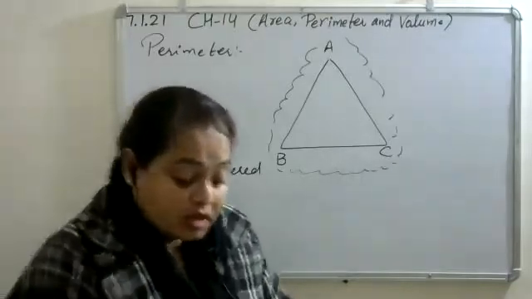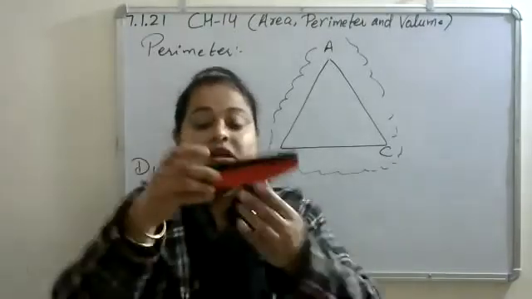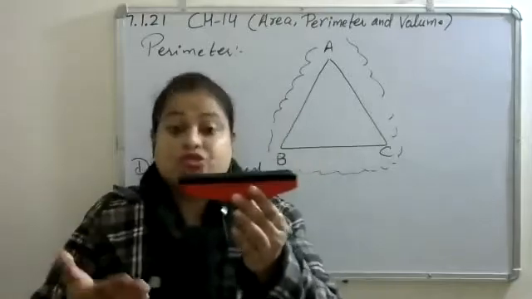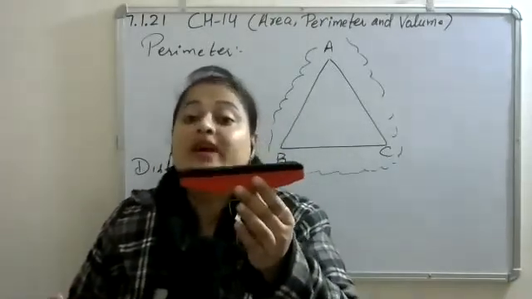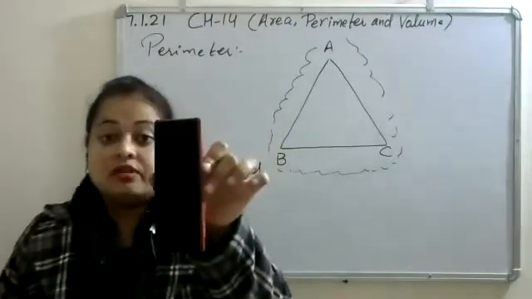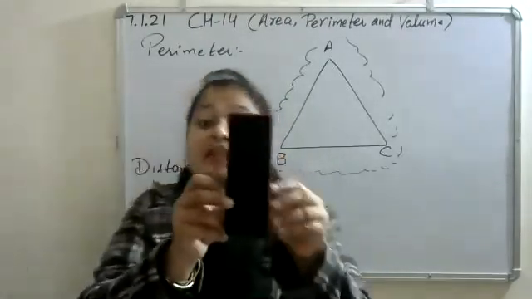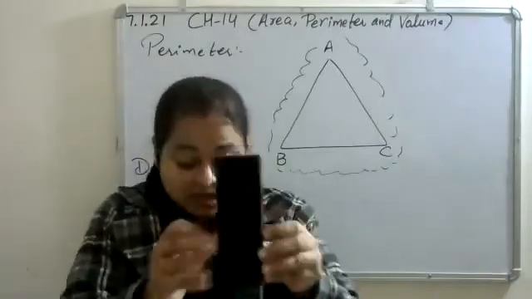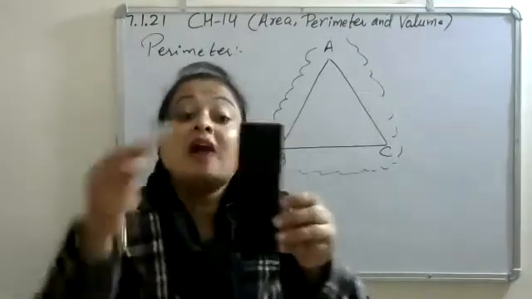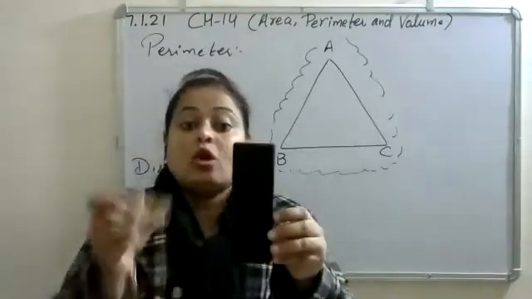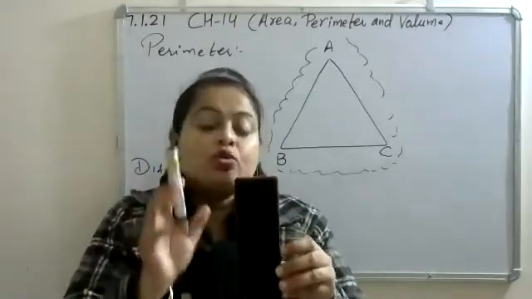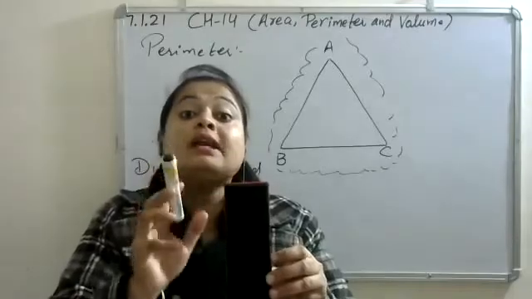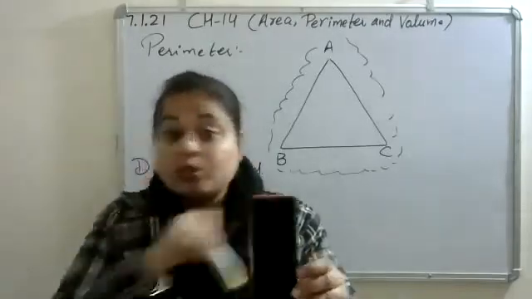If I am talking about this duster and my question is, what is the perimeter? How can you find the perimeter of this? Then apply the definition. Perimeter means distance covered around the boundary, not inside. In perimeter, you will consider only the boundary, the outer portion.